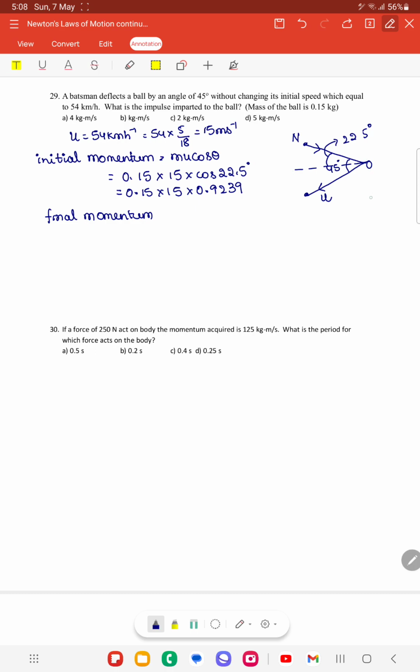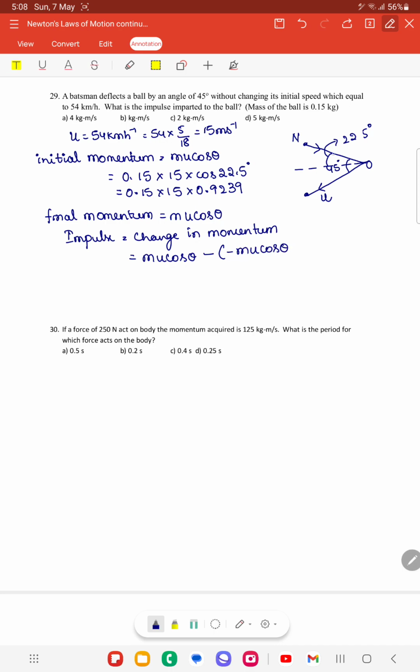As I said, the vertical component cancels with each other. So final momentum is nothing but mu cos theta. Impulse is nothing but change in the momentum, so it is mu cos theta minus mu cos theta.